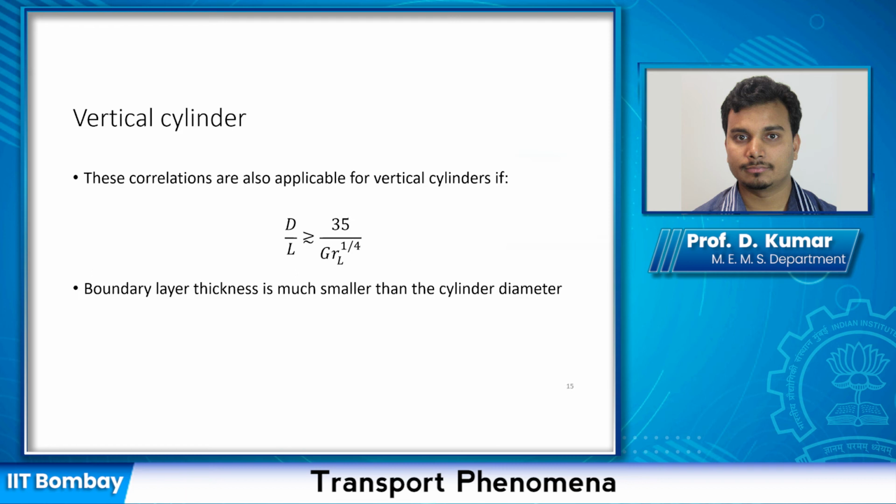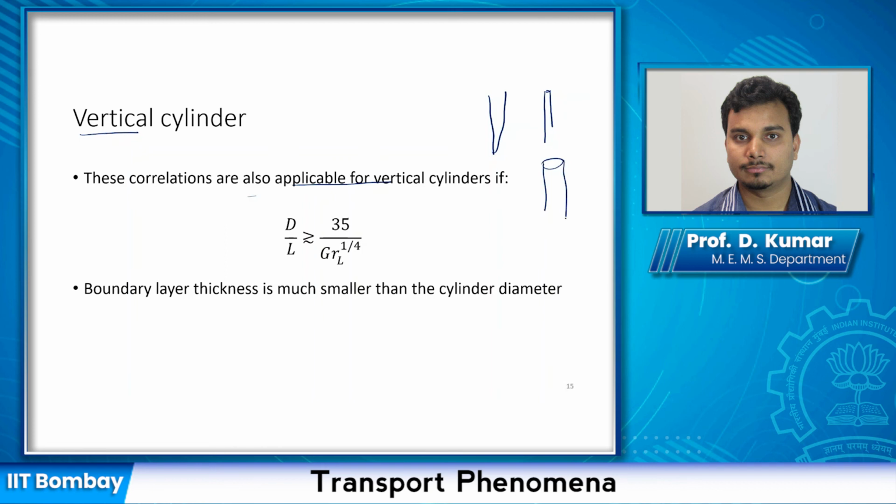The same correlations can also be used for vertical cylinders. We were looking at a vertical plate. If you have rather thick vertical cylinders, then you can use these correlations.